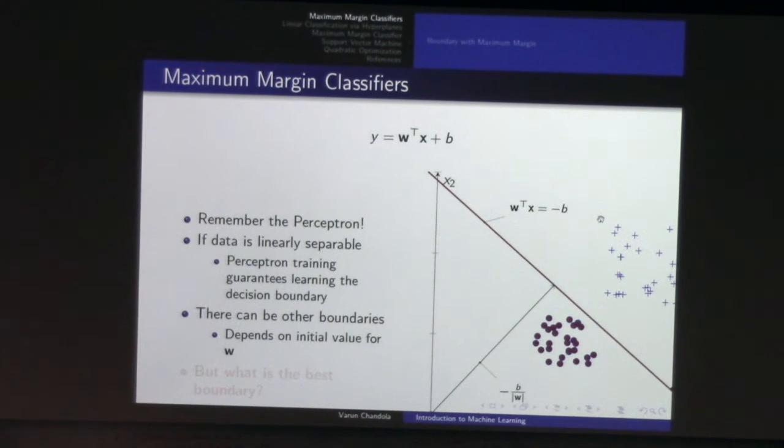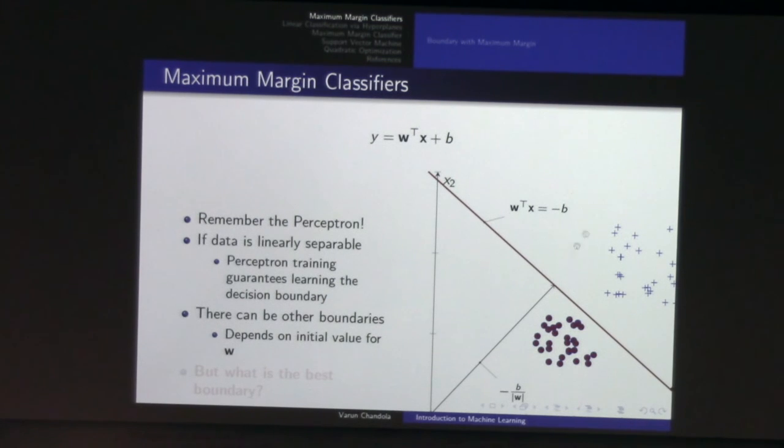If you remember the perceptron learning algorithm, it starts with some initial estimate of your W, and then it adjusts it. So depending on what your initial estimate was, wherever it reaches a line which distinguishes your data, it stops there. After that, because it won't make any more mistakes, it won't change.